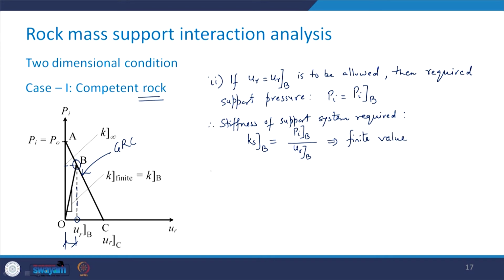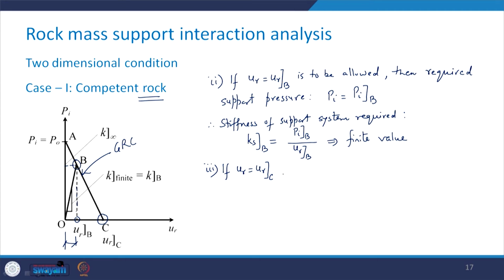Right? Now, there comes another case, that if I allow even more deformation to take place, that means if UR is equal to UR which is happening at C, this point. So, I am even allowing this much of the deformation to take place.